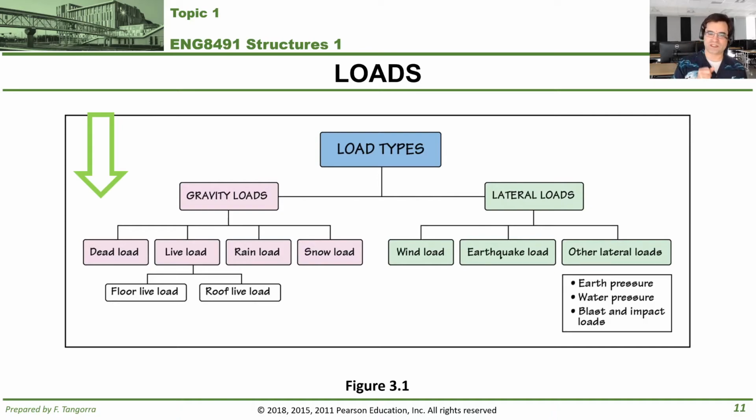Of the loads that we just went over, we have dead load, live load, rain load, and snow load that would be considered as gravity loads, because for the most part they affect a building by causing downward forces. And then we also have lateral loads, which are not downward forces. Now, notice how I'm not calling these lateral loads of loads that go side to side. It's better if you think of them as not downward forces. And that includes wind loads, earthquake loads, and the other loads.